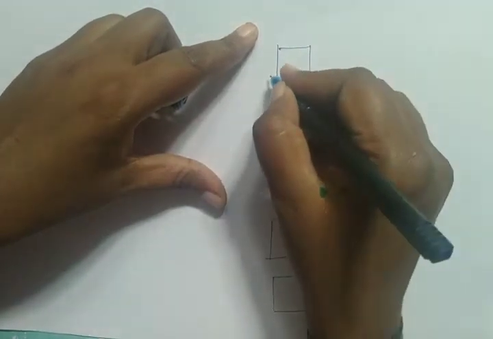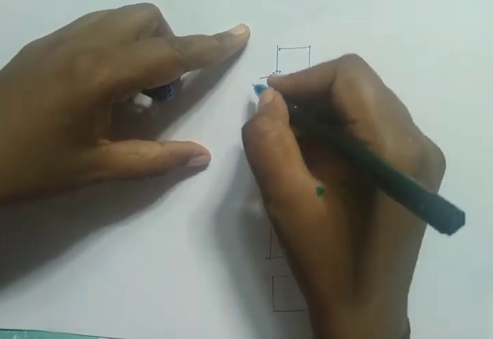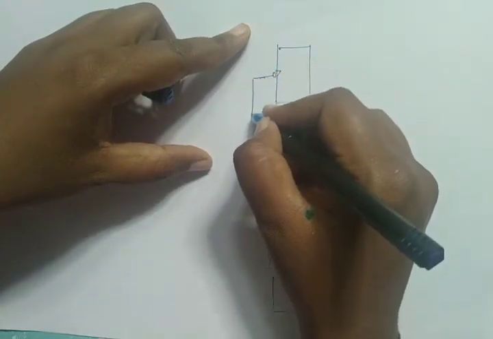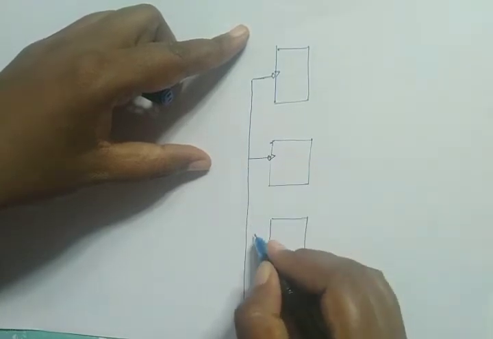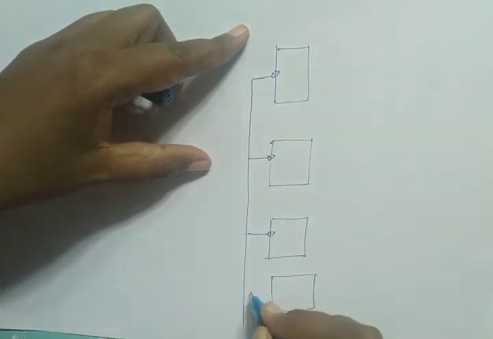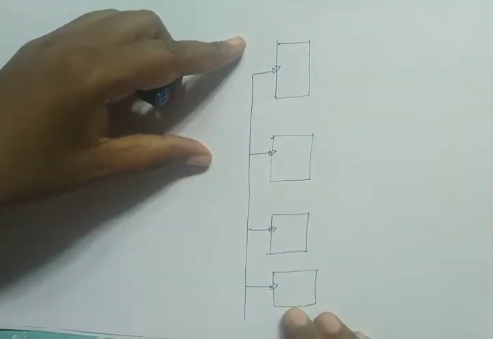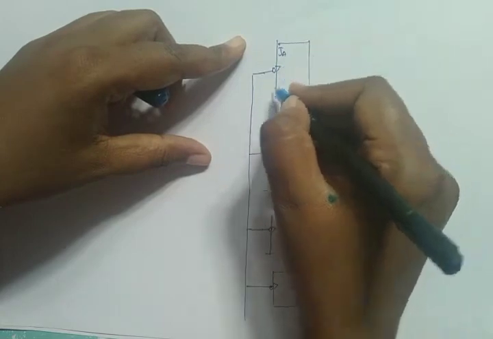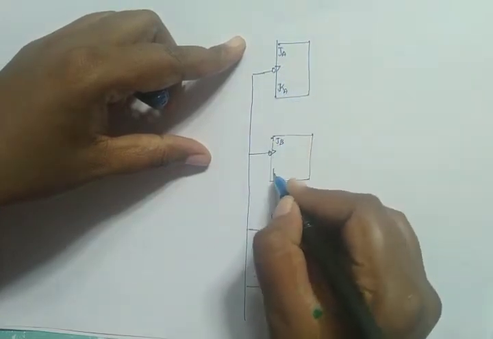So we have clock. Already I said, this is clock. Since it is synchronous sequential circuit, we'll have same clock pulses. So join this clock pulses here. That's it. So we have given clock pulses for every flip-flop, and let us represent this is A flip-flop. So JA KA. It is JB KB.